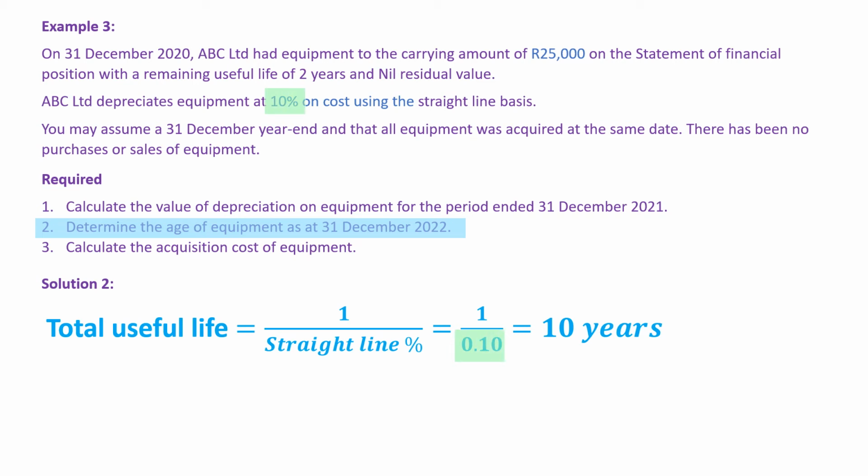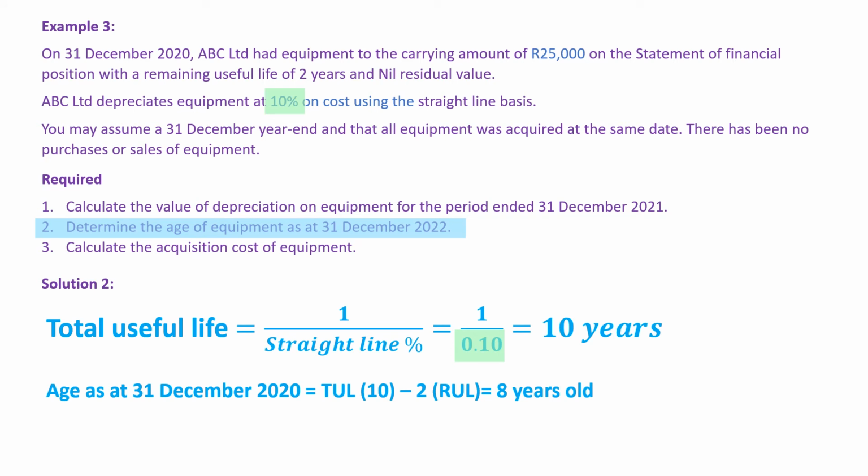In this case, 1 over 0.10 will give you 10 years, so thus your total useful life is 10 years. Then, your age as at 31 December 2020 is equal to your total useful life of 10 minus your remaining useful life of 2 years, which means that your equipment is 8 years old as at 31 December 2020.